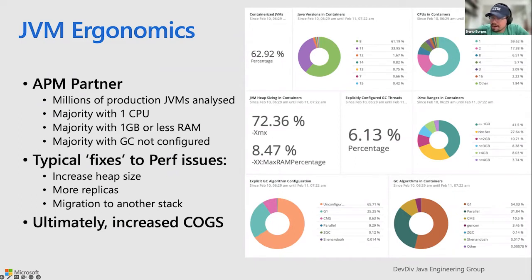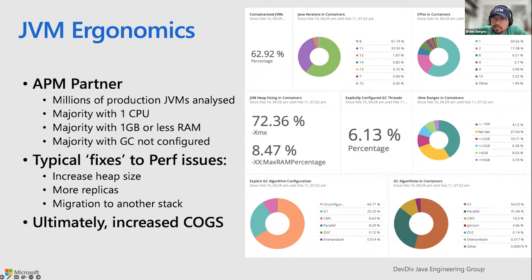I'm very confident that this trend has now changed a little bit, where Java 8 and Java 11 are closer, but it still shows a lot of usage of Java 8, and also growing usage of Java 11. But another interesting data point that we can see here is that the GC algorithm of many of the applications is G1 GC.